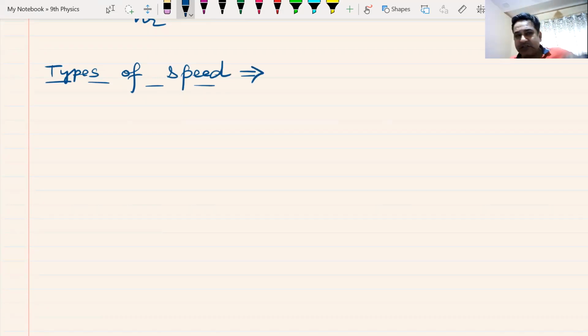Now, before launching ourselves into orbit for the different types of speed, may I know whether you have any idea about or you have heard about any type of speed? Kaushiki, Ayush cannot speak, but he can obviously write on the QWERTY keyboard. Any idea about the types of speed?